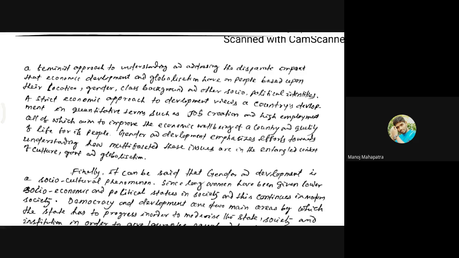A strict economic approach to development views a country's development in quantitative terms such as job creation and high employment, all of which aim to improve the economic well-being of a country and quality of life for its people.